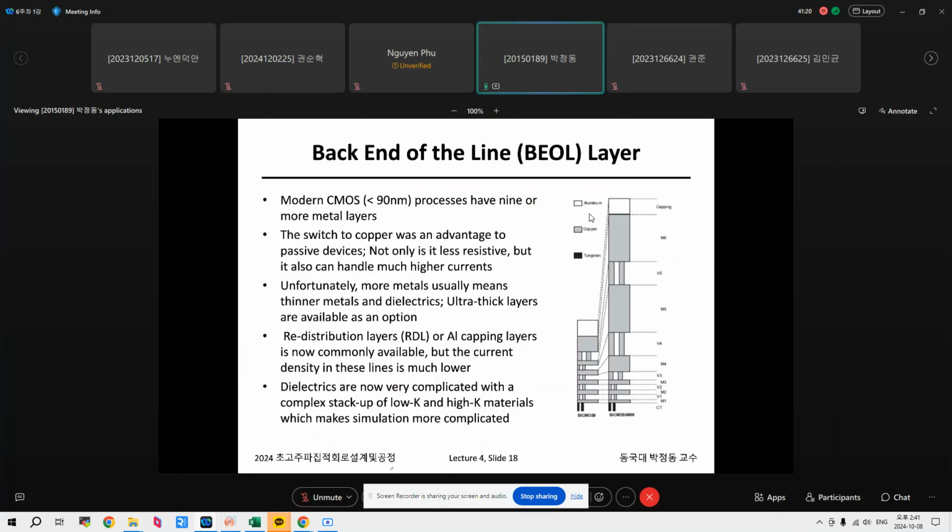Okay, so this is the comparison of the back end of the line between BiCMOS, the new one and the old one. This is actually ST 130 nano BiCMOS silicon germanium.